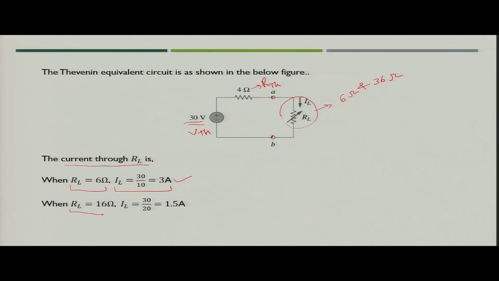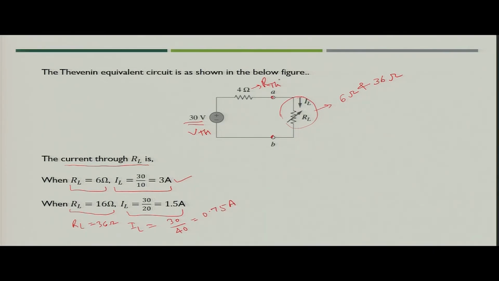Similarly, if RL is 16 ohm, you will get current IL as 1.5 ampere. When you replace RL with 36 ohm, you will get IL is nothing but 30 divided by 40. So, you will get 0.75 ampere.